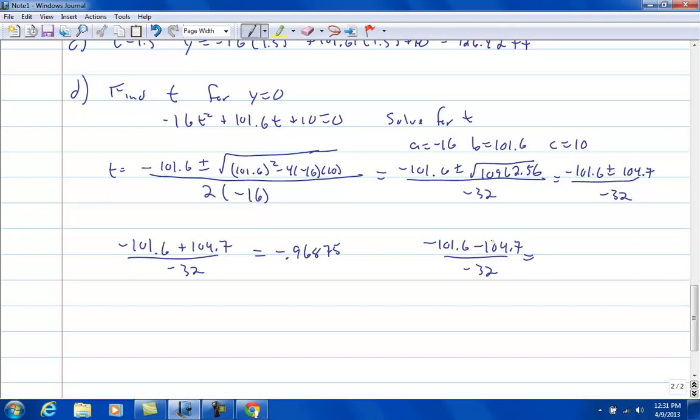In the other case, it's negative 101.6 minus 104.7, and divide that by negative 32. And I get 6.446, so I'll say 6.45 seconds.